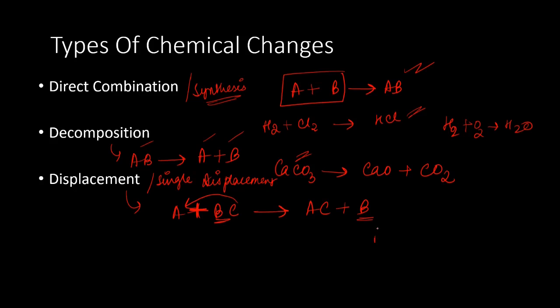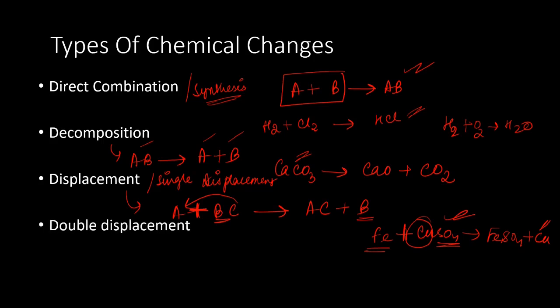For example, Fe plus CuSO4. Just now I gave you the example of this compound. Fe combines with the negative part and the metal remains as it is. The color change is also shown, blue to green. Clear? Double displacement or double decomposition we also see at times.